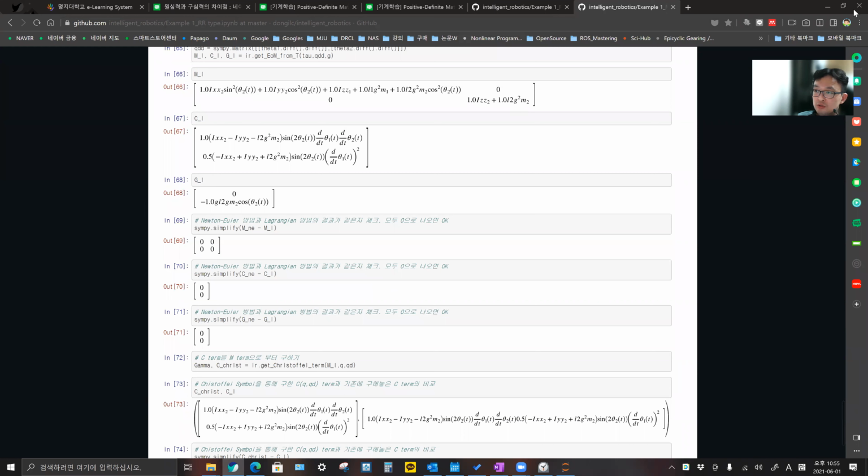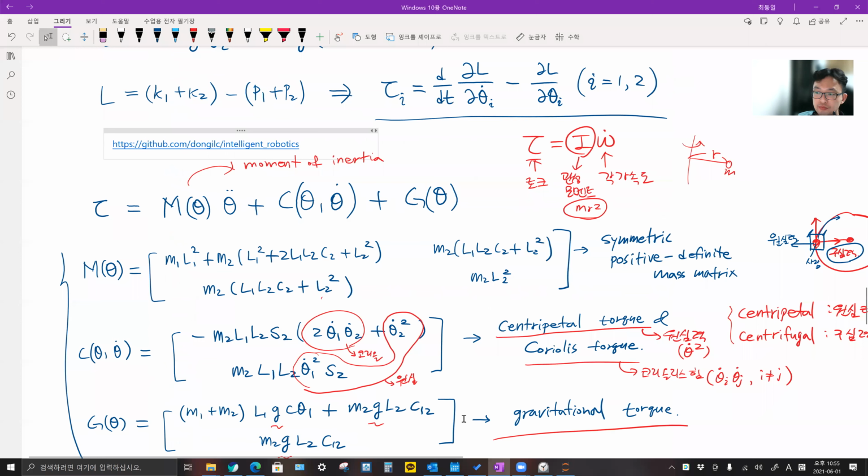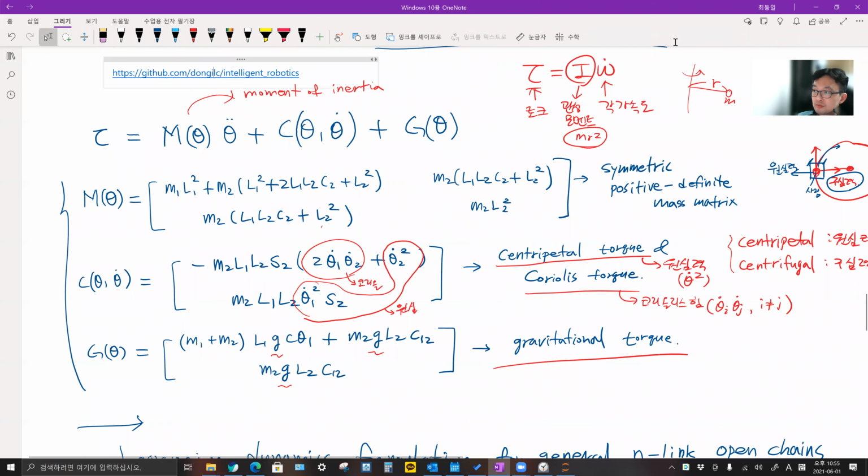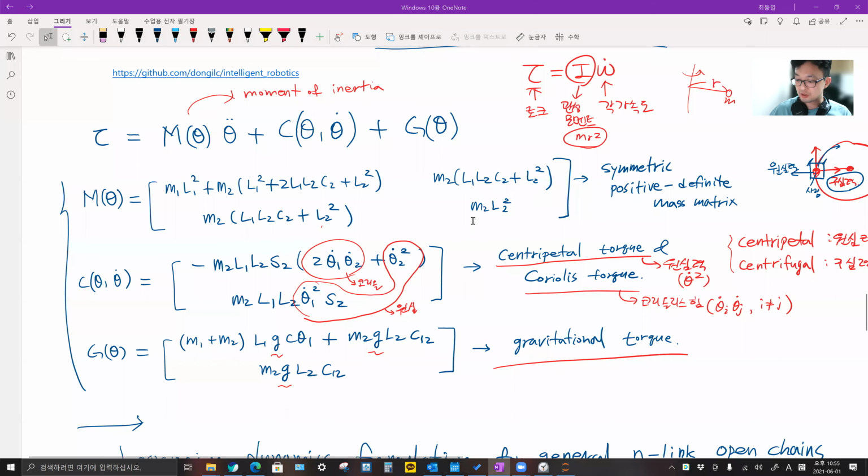So I want you to see this library, and in here I want to explain the meaning of the result. This mass matrix has a symmetric positive definite form.